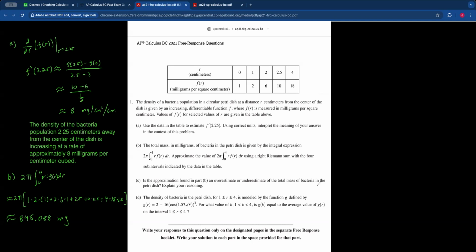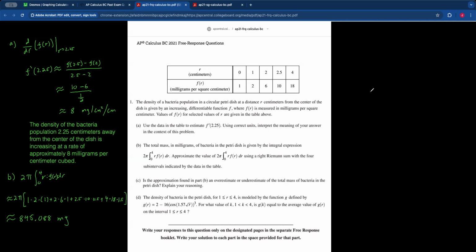Explain your reasoning. So in this case, they're just looking for what the rate of change actually is supposed to be. So in this particular case, let's see. Then I think over here, we're supposed to just go ahead and take a derivative. Let me see if that actually makes sense.